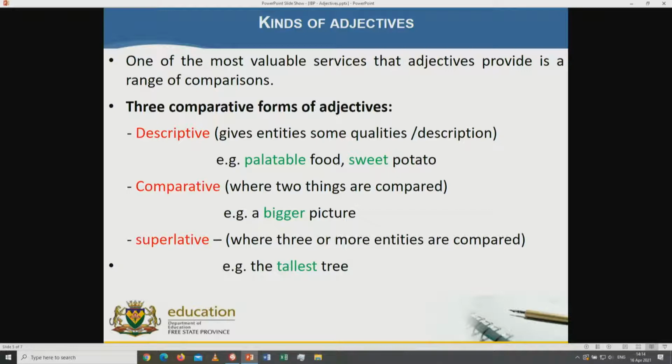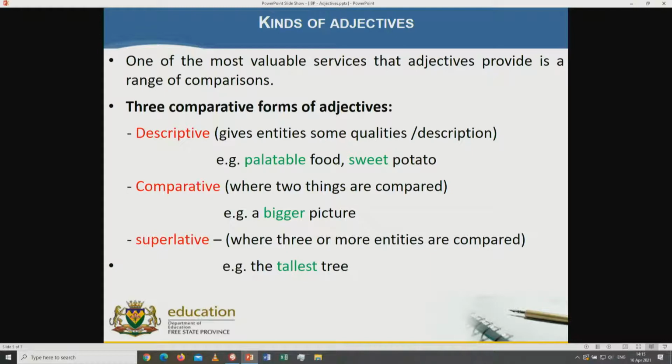Remember, they provide a range of comparisons. Now, let us look at the three forms. We have descriptive, which gives an entity some quality or description, right? Like, for instance, it's a palatable food. This food is so palatable, it's nice.